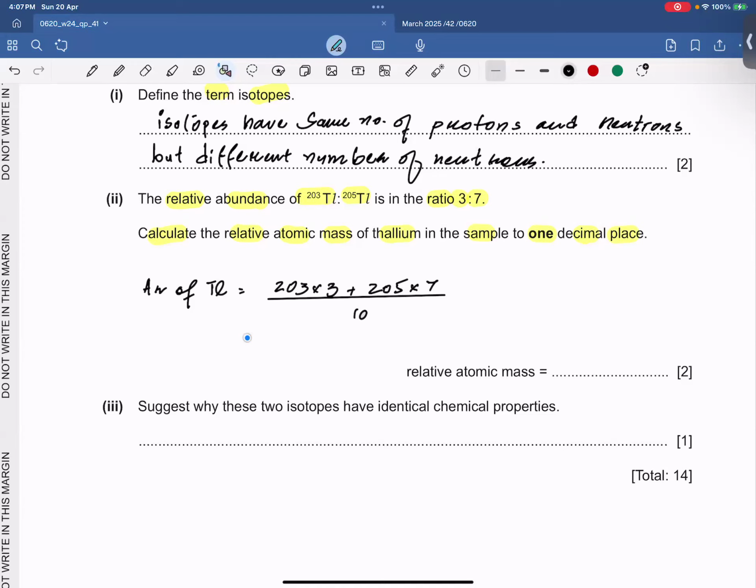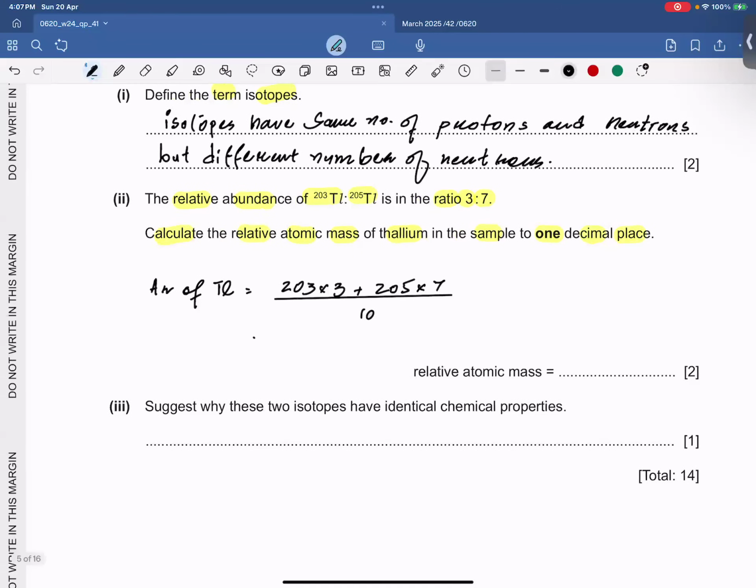Okay. And when we divide, 2044 divided by 10, you will get 204.4. So 204.4. Answer is to one decimal place. Okay.